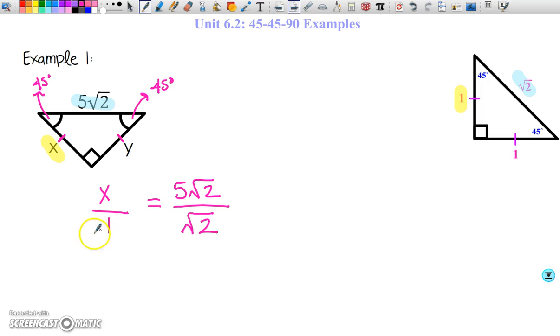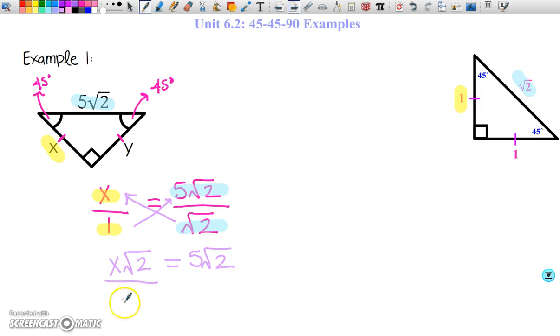And now normally what we would do is our cross multiplying. And so even just to kind of give you an idea, I did x over 1 like this, and then 5 times the square root of 2 over the square root of 2. So when we do our cross multiplying, remember that we go up and over and we get rid of our fractions. So we get x times the square root of 2 equals 5 times the square root of 2.